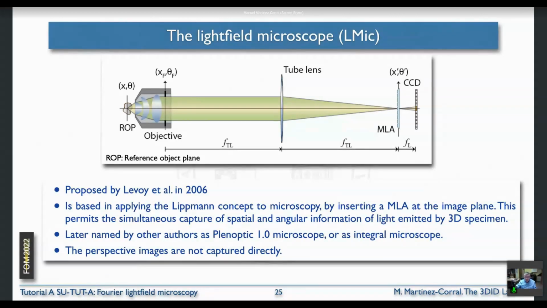So it is the aperture stop which avoids the overlapping between micro images. It means that in order to implement this microscope, we need to use a microlens array such that its numerical aperture is the same as the numerical aperture of the microscope, but evaluated here.